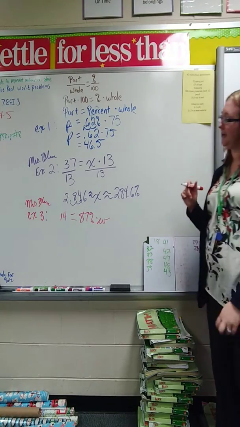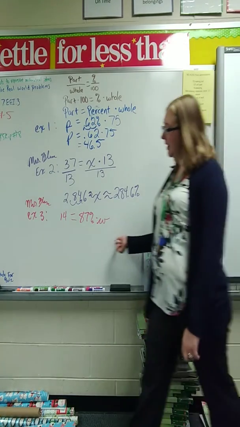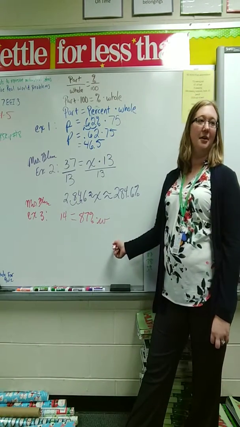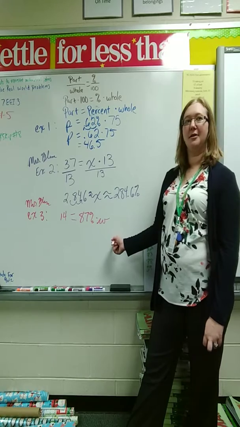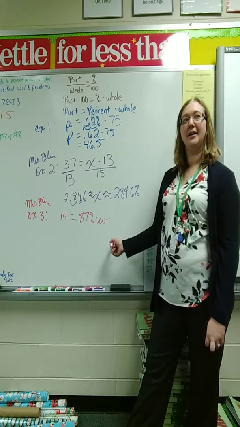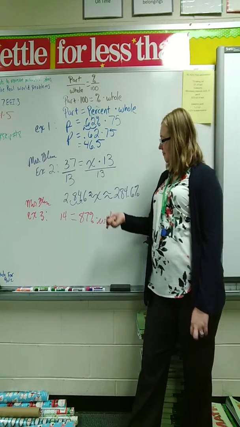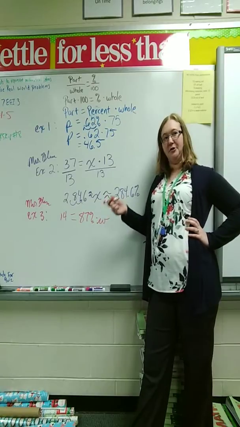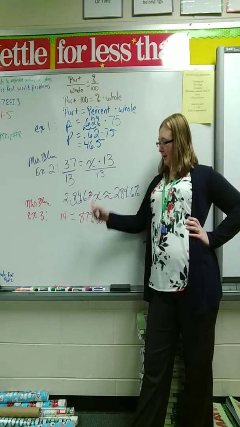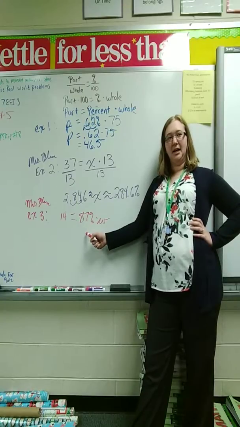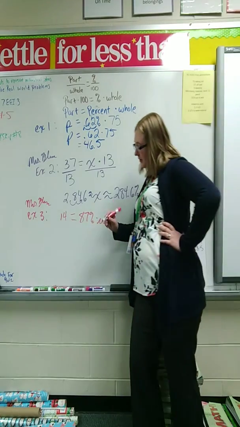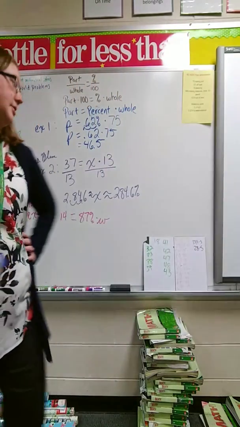So I wrote it out in the form of the equation. You want to get the variable by itself, which would mean that I need to divide. Can I divide by 87%? No. What do I have to do first then? Move the decimal. I have to convert that to a decimal first.